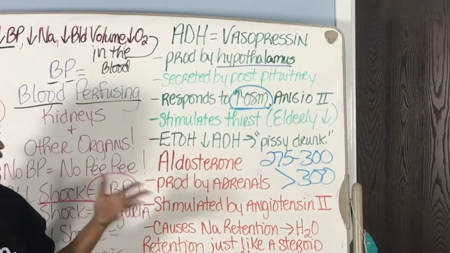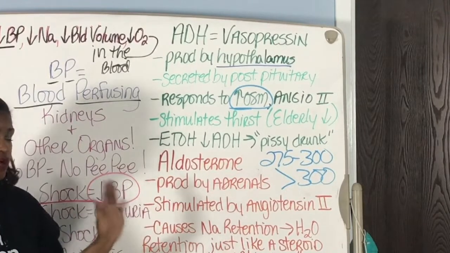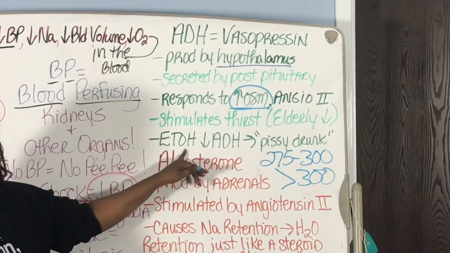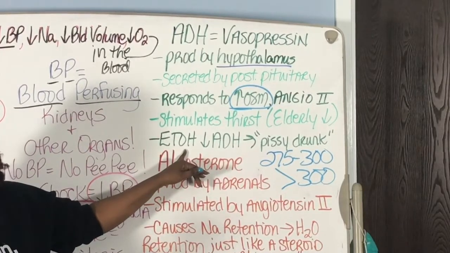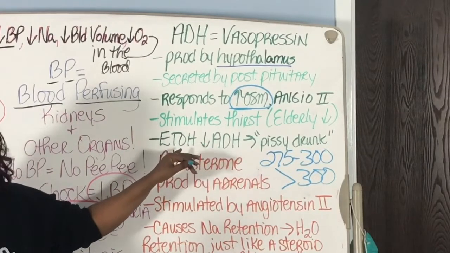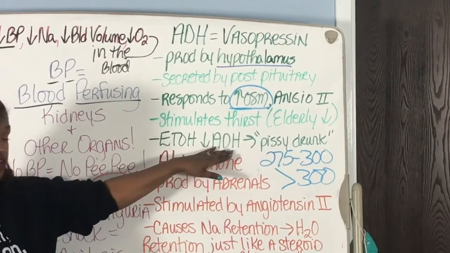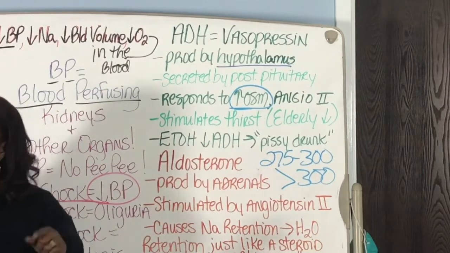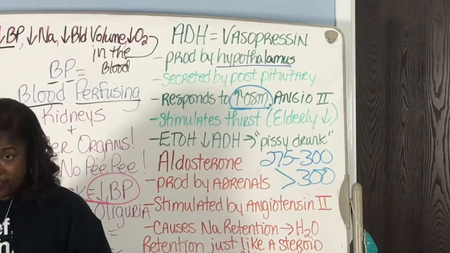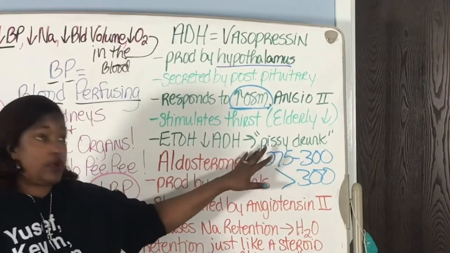Now, who has a problem with ADH? Well, just a side note, the alcoholic is really going to have a problem with ADH because alcohol, the chemical alcohol, decreases ADH. So if you decrease the antidiuretic, now you're diuresing. What have you heard these patients called?